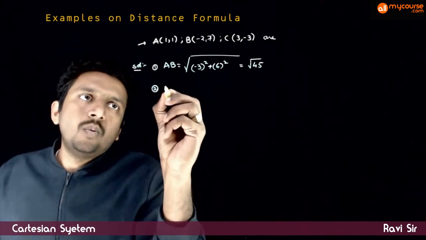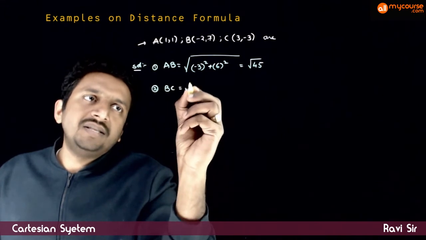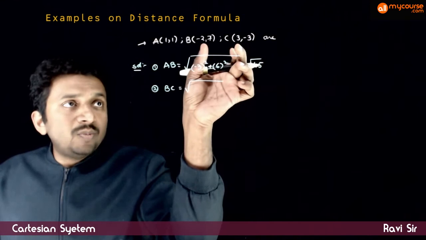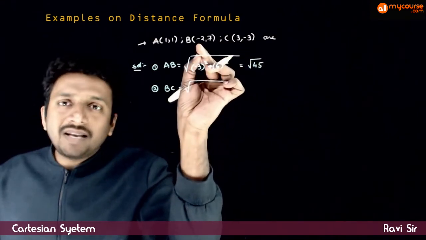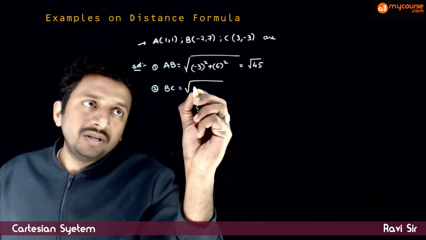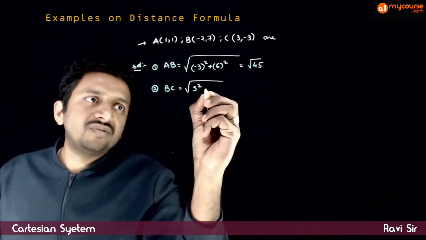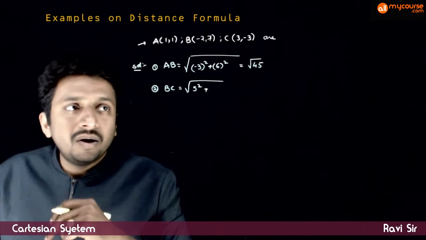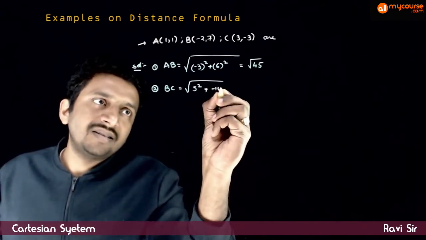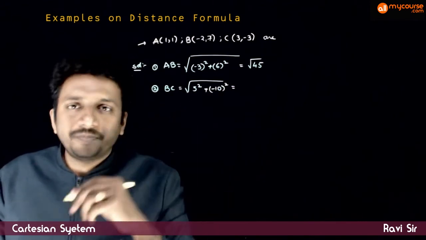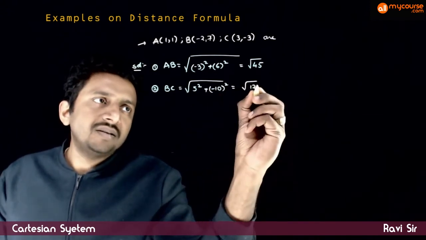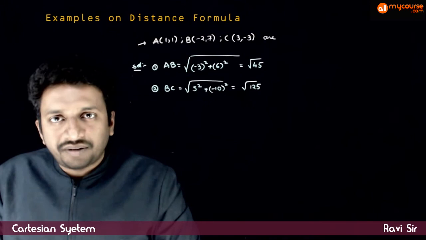And next, what is the length of BC? BC is equal to root of, again, x2 minus x1 whole square. 3 minus of minus 2 is plus 2. So 3 plus 2 is 5 square plus minus 3 minus 7, minus 10, whole square. That is same as plus 10 whole square. That is equal to root of 100 plus 25, which is 125.